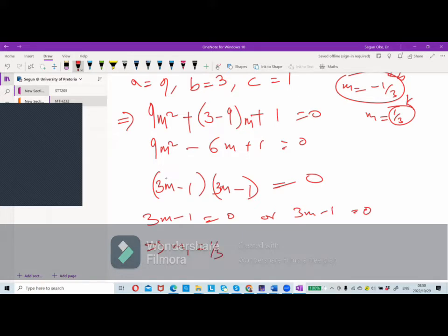Or our m2 will also be 1 over 3. Therefore, it is repeated. Do you agree with me now? Yes, sir. It will be repeated.